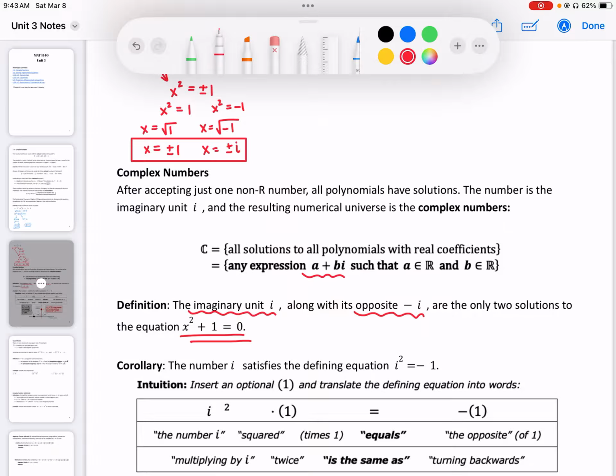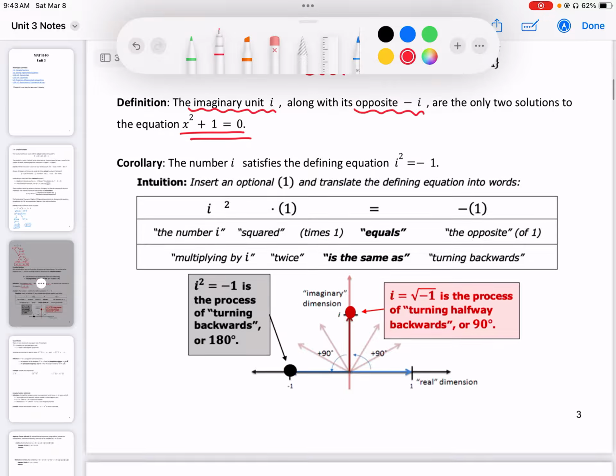There's a couple other rules with it as well. Similar to any sort of power rule, you have i times i, which is i squared, and that will end up equaling negative 1. I want you to think about it in terms of roots.